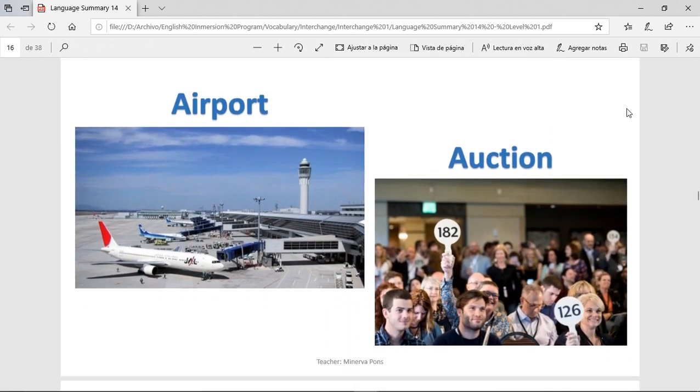Some other words. You have an airport, where you go to different countries. You get there, you take a plane, and that's it. An auction. An auction is the place where you want to buy something, and they usually start selling it at a small price. Let's say they're auctioning an iPhone 10 for, I don't know, 1,000 pesos.